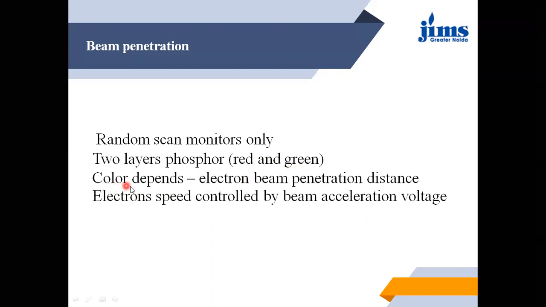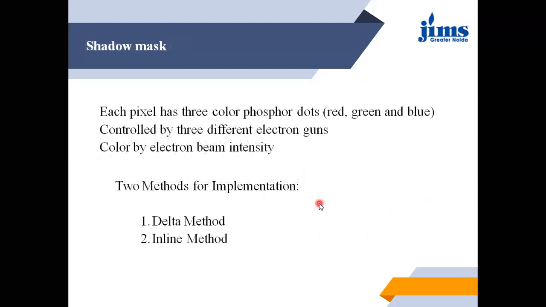The color depends on the beam penetration, that is, how deep the beam strikes the phosphorus. The electron speed is controlled by the beam acceleration voltage.